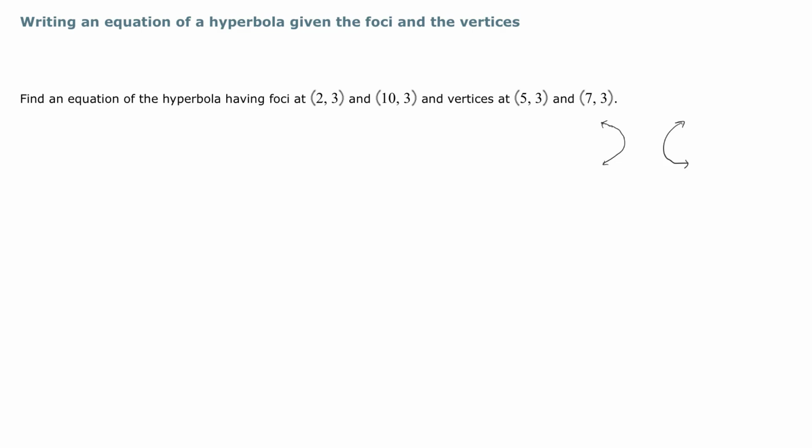The vertices are right here: (7, 3) and then (5, 3). We also have two focus points in here. They're not on the hyperbola, but they represent the curvature of the hyperbola.